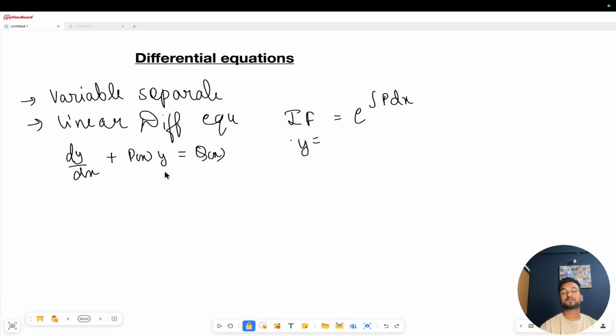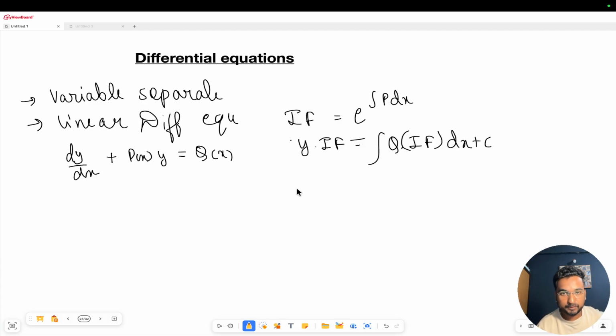This is the form of linear differential equation. So you find out the integrating factor and then write the solution as y into integrating factor equals integration of q into integrating factor dx plus c. So from here you calculate y and then you get the answer.